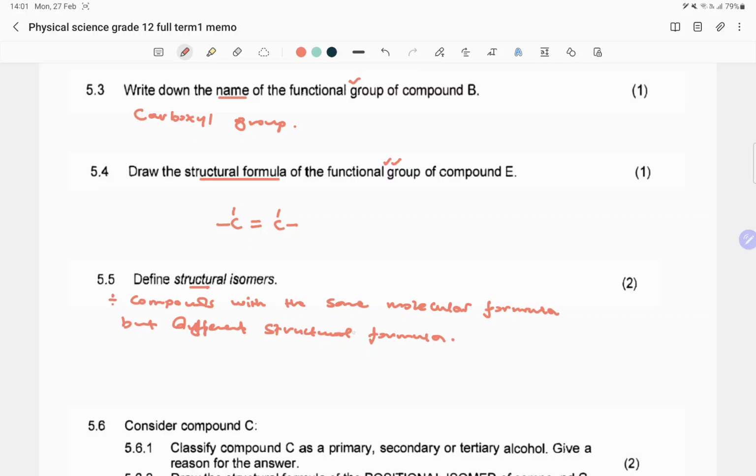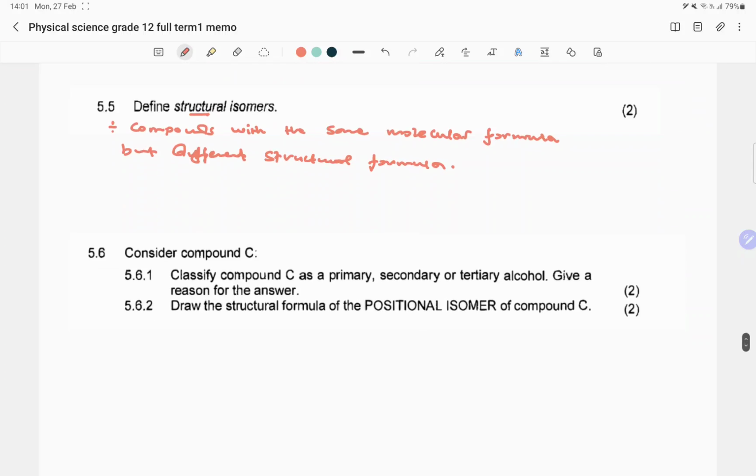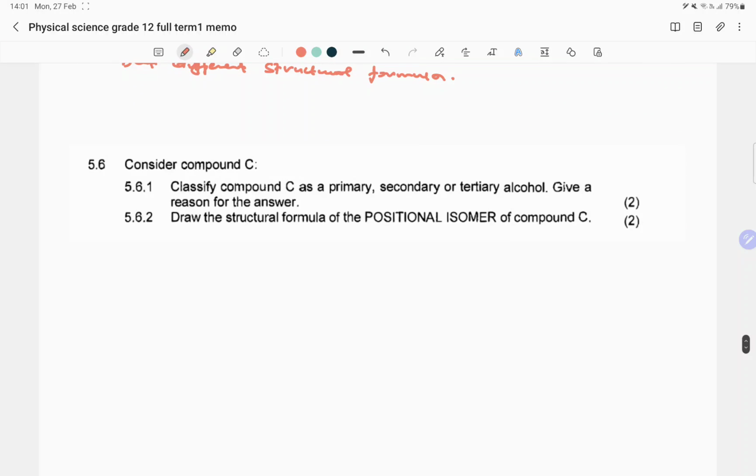Just leave it at formula. You can just say structural arrangement of atoms, which is essentially the formula. So easy, 2 marks there. Nothing big.